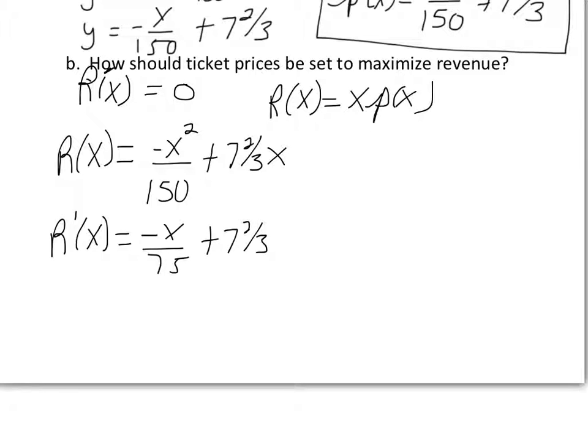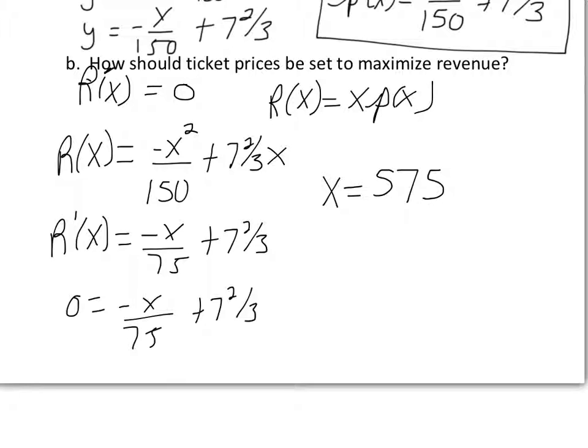If I set that equal to 0 and solve, and again, I'm not going to go through the solving, but you can add -x over 75 to both sides, and then multiply by the 75, you end up getting x equals 575.